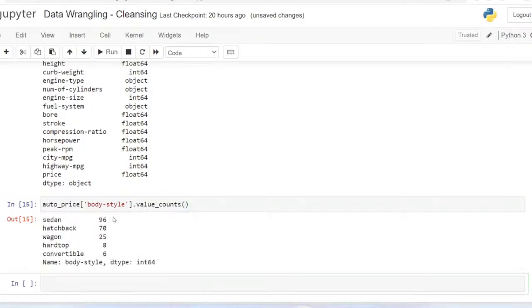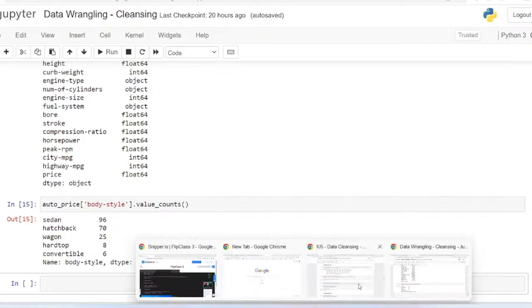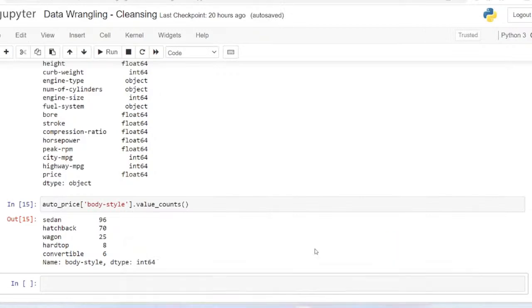Once you find the value counts, you will see that sedan has 96, hatchback 70, wagon 25, hardtop 8, convertible 6. So what is the mode value in this case? Sedan, right? Why is sedan the mode? Because you can see that it is the most frequent value.